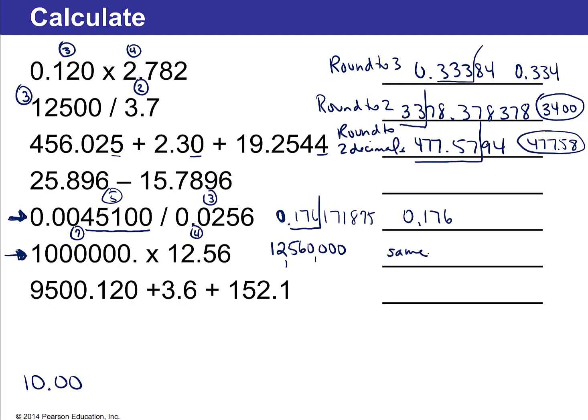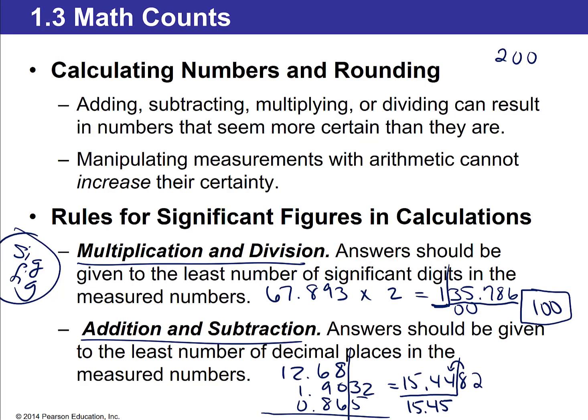Now, addition and subtraction don't go with significant figures. They go purely based on the number of decimal places they have in common. So in this one, you look at the number. The answer should have the same number of decimal places that are common to all the numbers in the problem. One might go to the 10th, one to the 100th, one to the 1000th, but it's the one they all have in common.